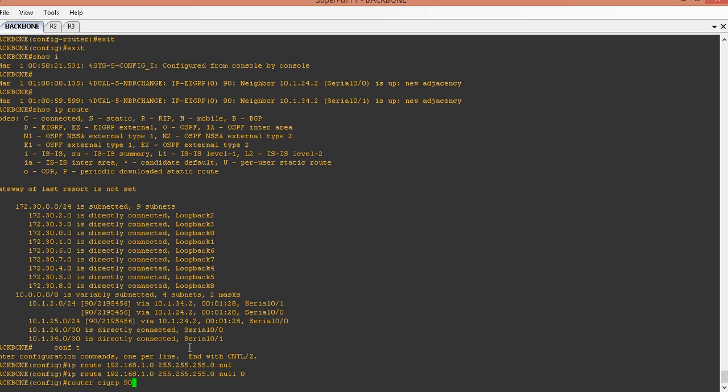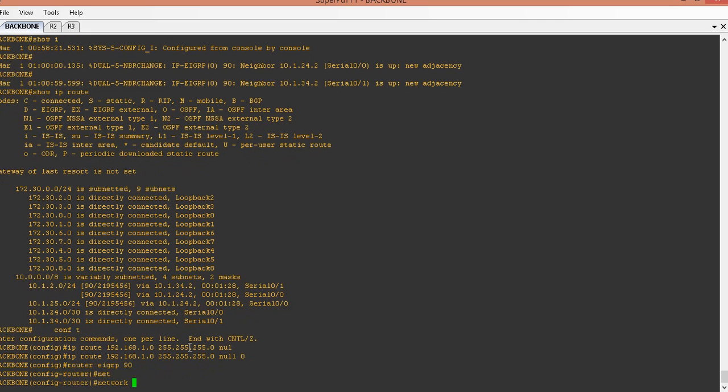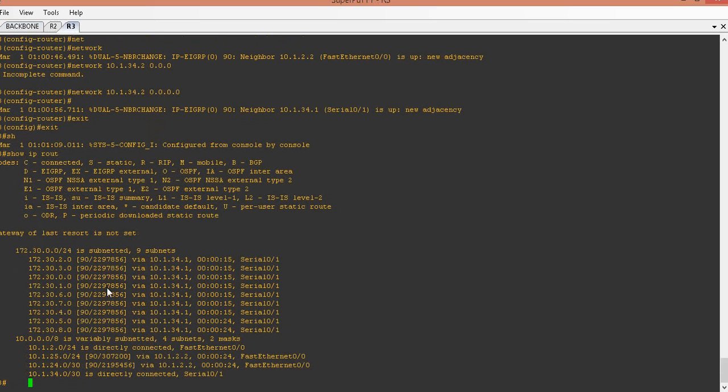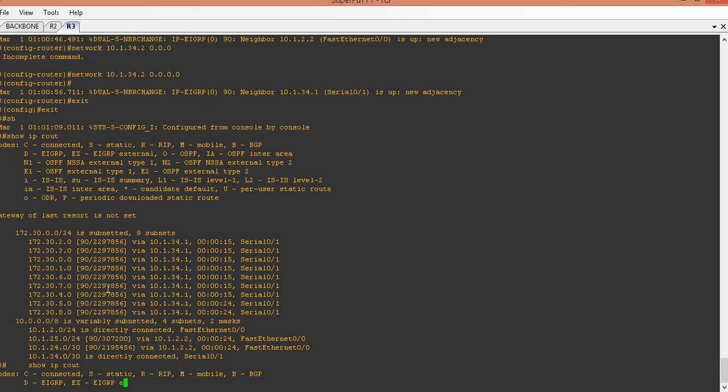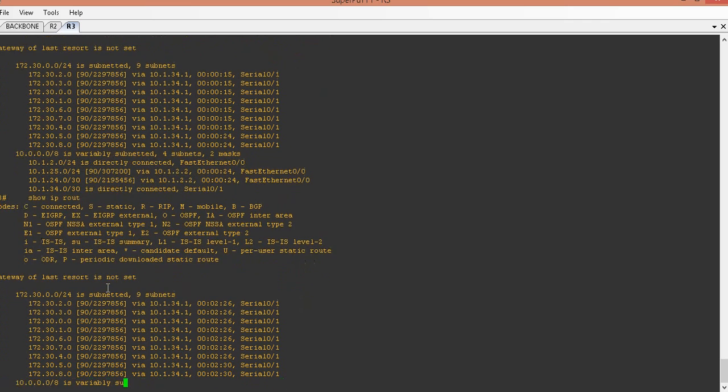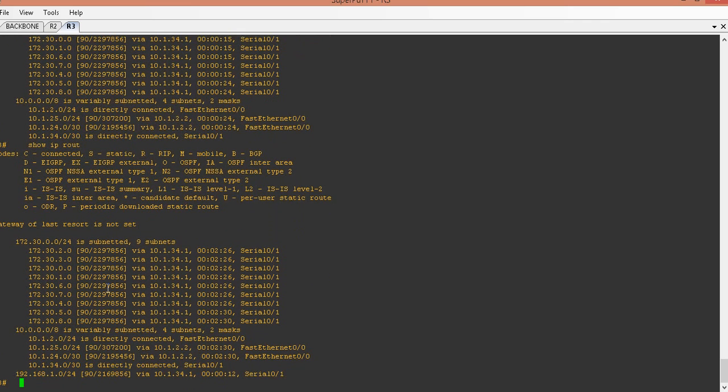So EIGRP 90 network 192.168.10. Good. Okay, so the route is now here.